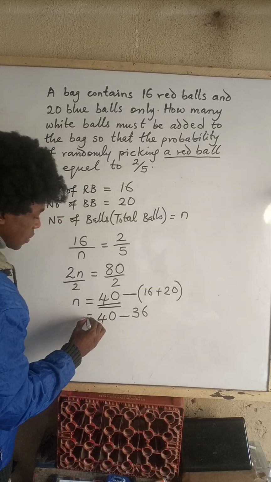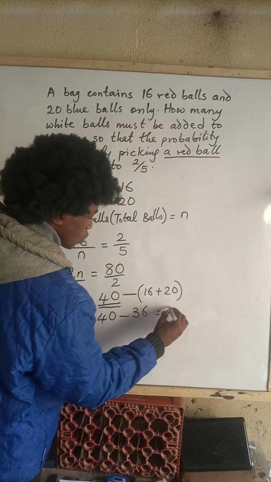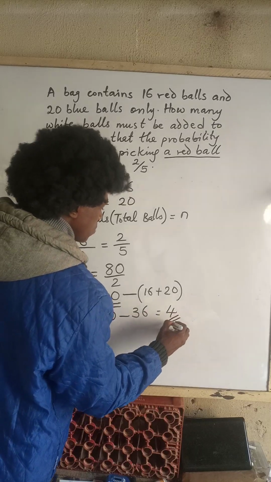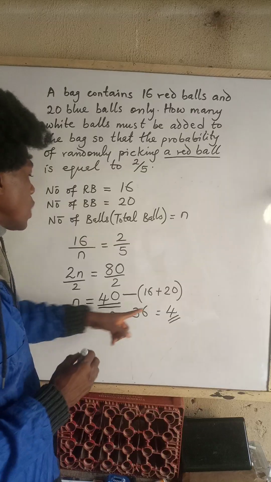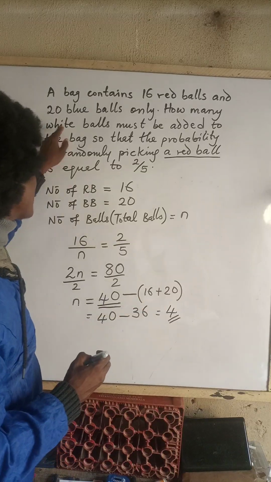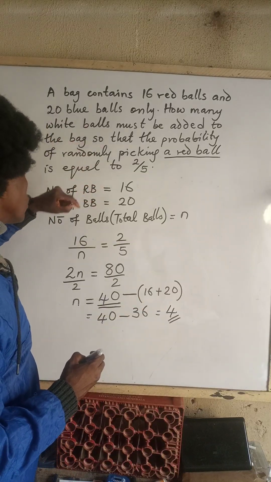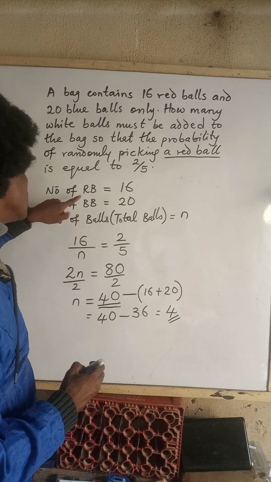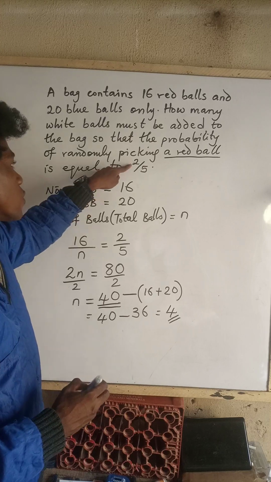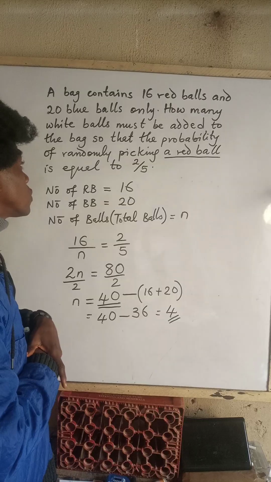And 40 minus 36 will give us 4. So what it means is that if we add 4 white balls, we will obtain the probability of picking a red ball as 2 over 5.